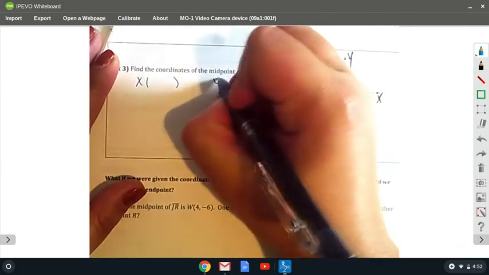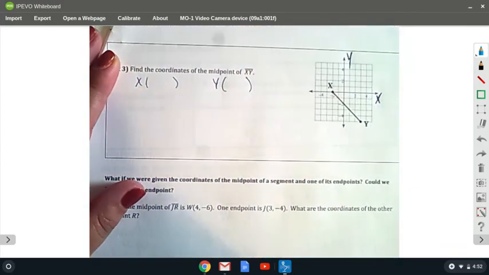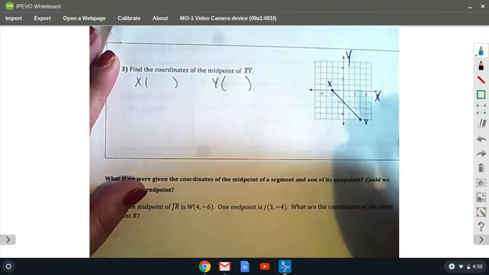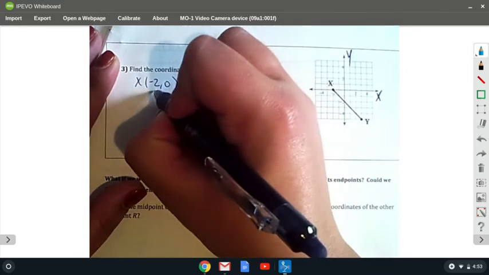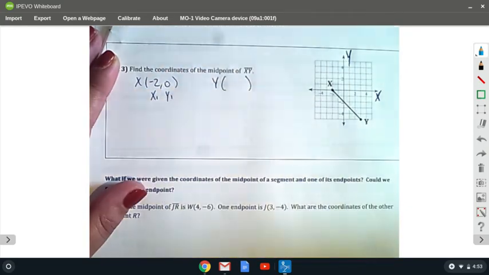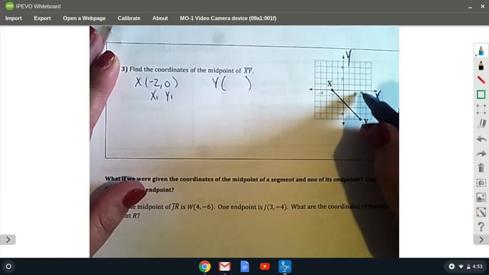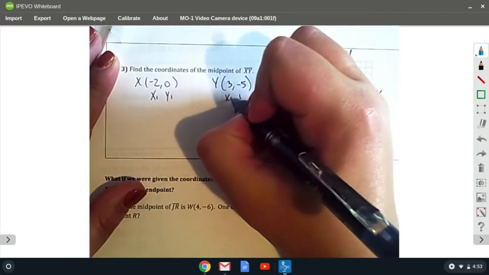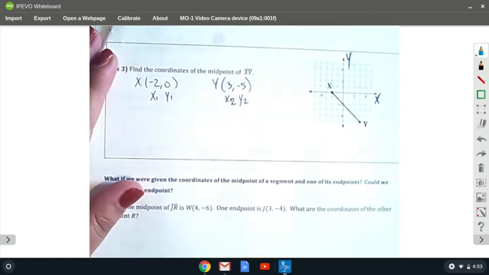So X and Y are my two points. This x value is -2, and it doesn't go up or down, so that's -2, 0. I'm going to label that x1, y1. Y is 3, -5. x1, I'm sorry, x2, y2.